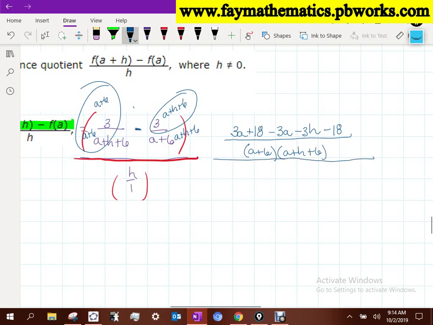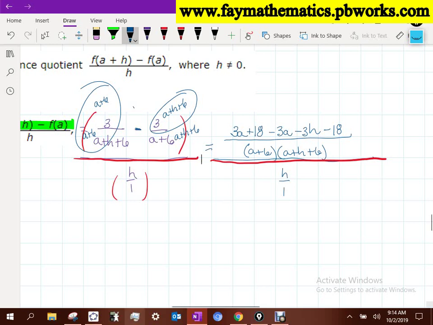Then all of that, so that line right there, is that red division, right? And then I should have this over h over 1.